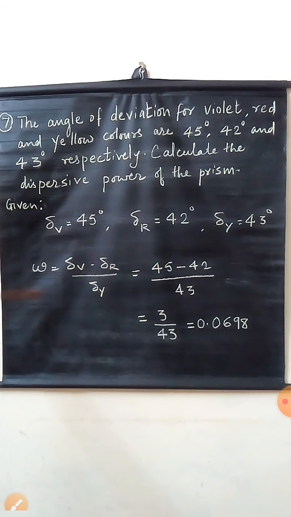All the three values are given. Substitute these values. So this will give you 45 minus 42 divided by 43. Simplify this to get the dispersive power of the prism as 0.0698. Here again you can use the calculator.